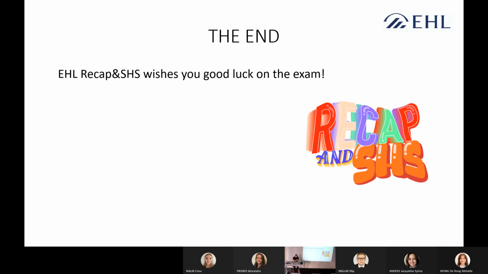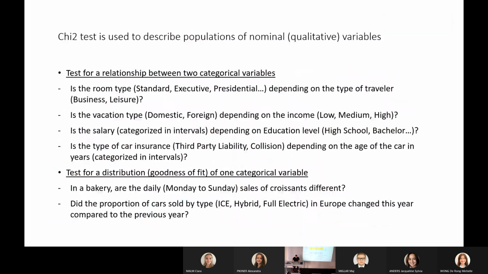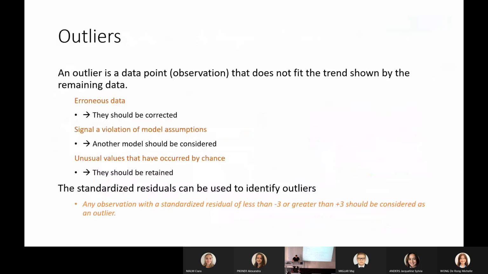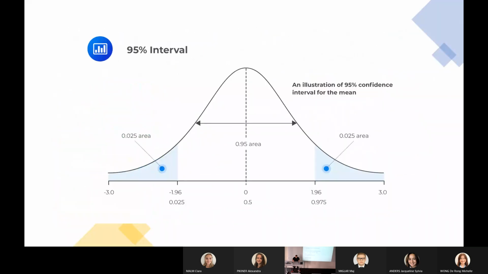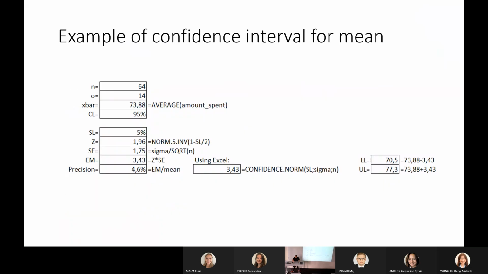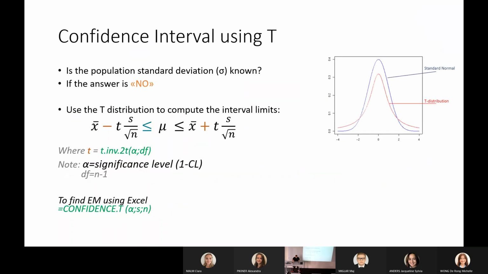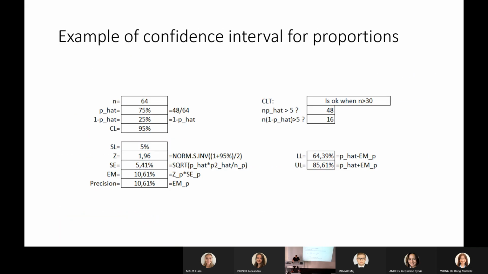I wanted to double check something. Yes. For precision, going back to chapter 6, I think. If the average is known, you do EM divided by the average. But if no average is given, it's the same as the error of margin. No, for proportions it is the same as the error margin.